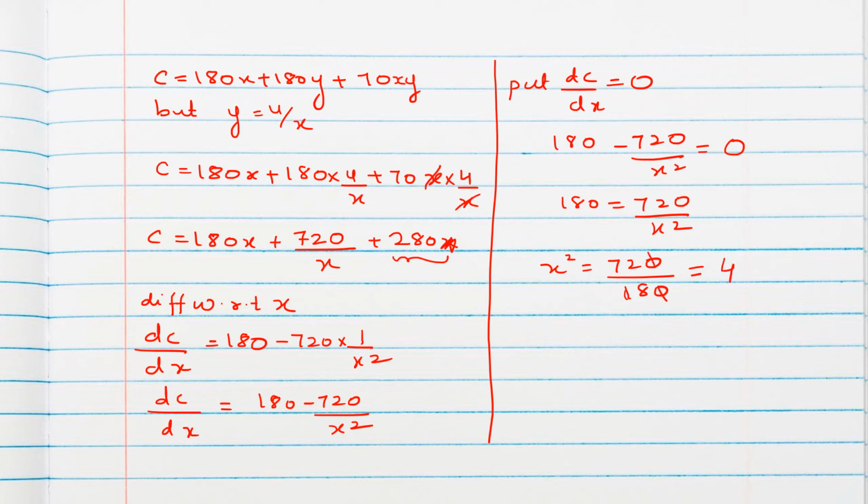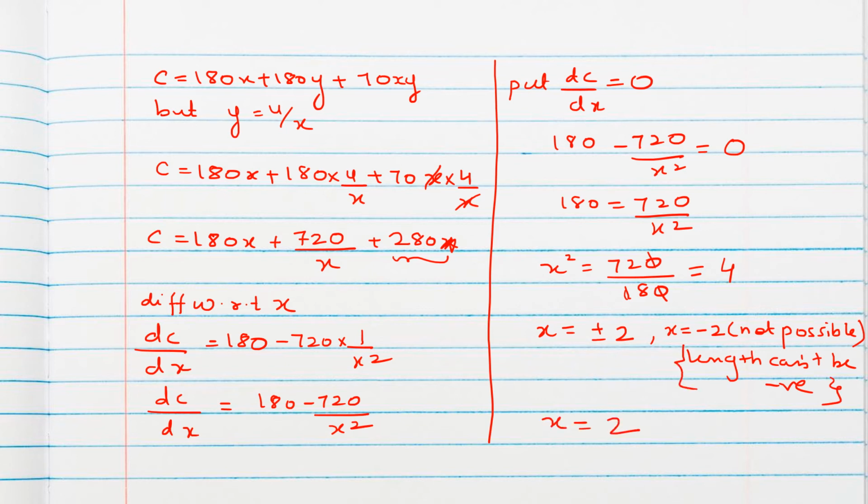So x square equals 4. So x will be plus minus 2. But x is what? Length. So it cannot be negative. So x equal to minus 2 is not possible, length cannot be negative. So x equal to plus 2, we got one point here.